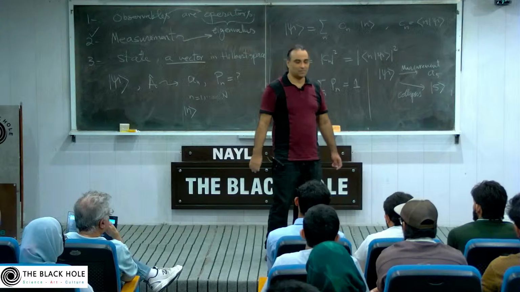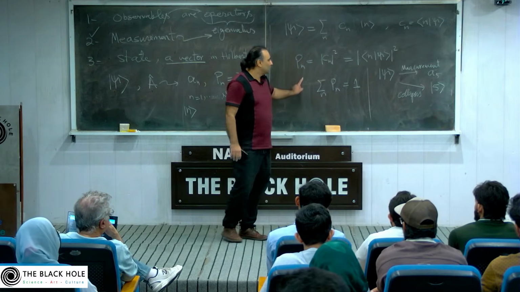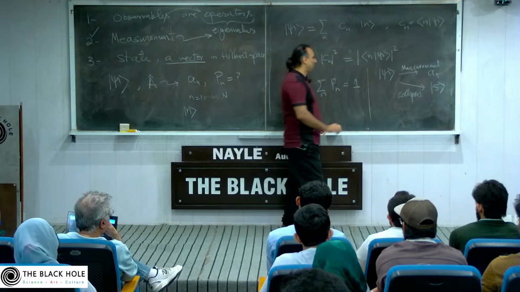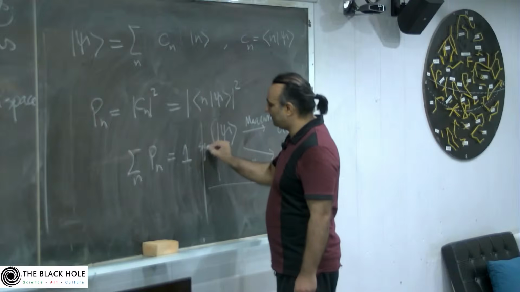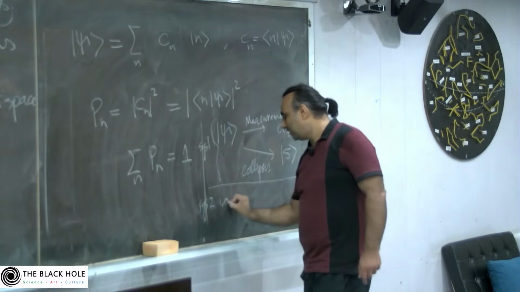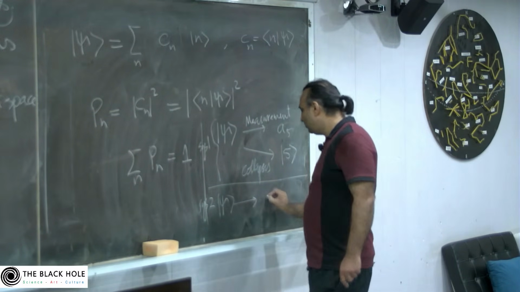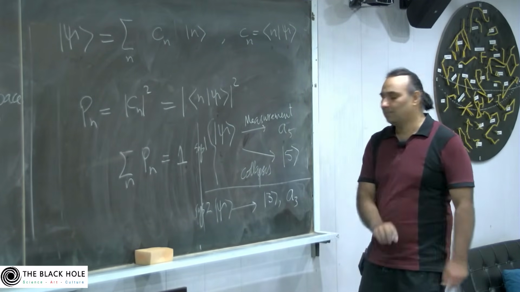No, these are isolated systems, copies of the same system. So suppose you perform a measurement on system 2 and its state collapses to state number 3, giving you A3.